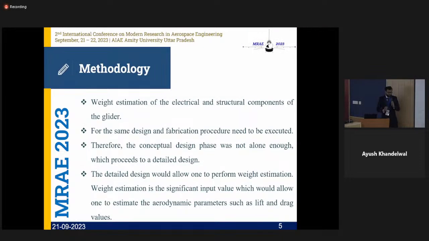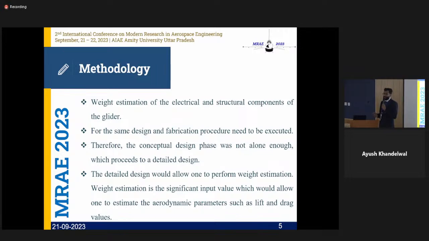So what is the methodology? First, we went for a design in a CAD model of the fuselage, the wings, as well as the tails. After that we proceeded for a new kind of fabrication. Rather than using the conventional styrofoam or aviation foam, which college students generally prefer, we try to use ribs and fixtures with balsa wood and carbon fiber. I made the ribs out of balsa wood as well as the spars out of carbon fiber.